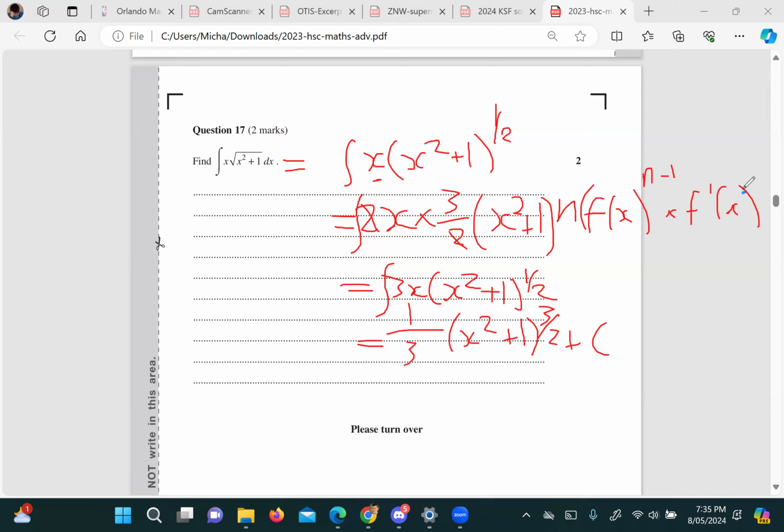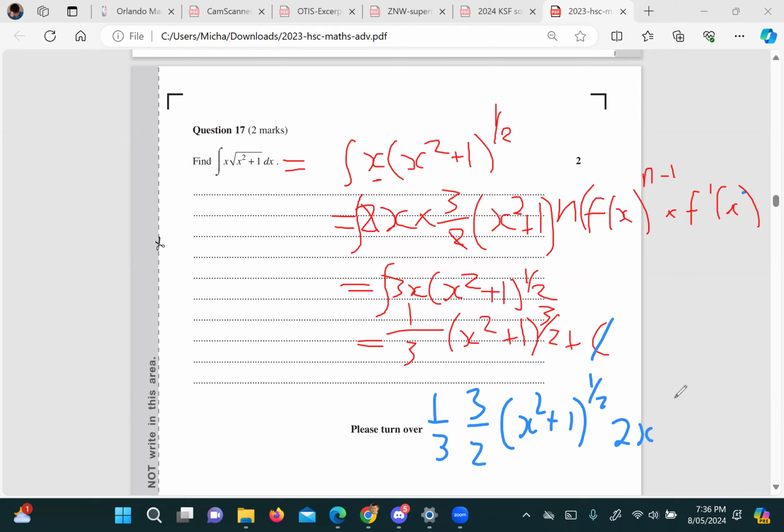So does that make sense? So if you were to differentiate the answer, you treat this thing like x to the 3 on 2. The 3 on 2 comes out the front, the power goes down by 1, and then because you treated that like x, you have to times it by the derivative of it, which is 2x.